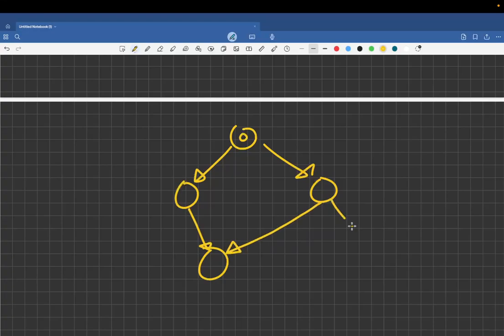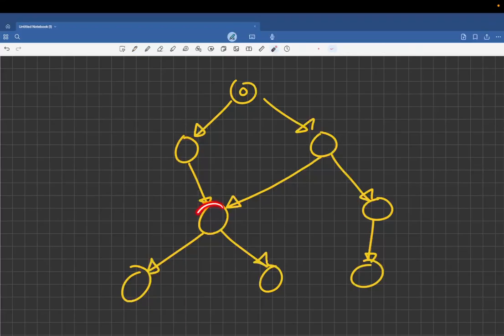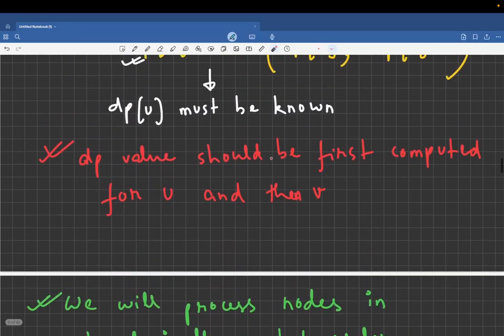Let's suppose it looks like this. And then you have this. There won't be any cycle because this is a DAG. Then you compute for this. What I want to say is that if I am computing the dp value for this particular node, then I should already know the value for this node and this node, and for this node I should know the value for this node. So if we follow topological order when we calculate the dp, this thing will be resolved. So this is how we actually solve this problem.